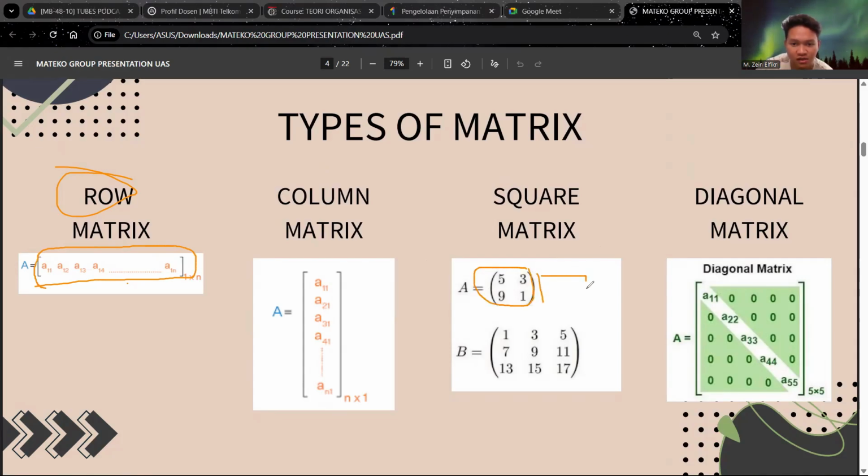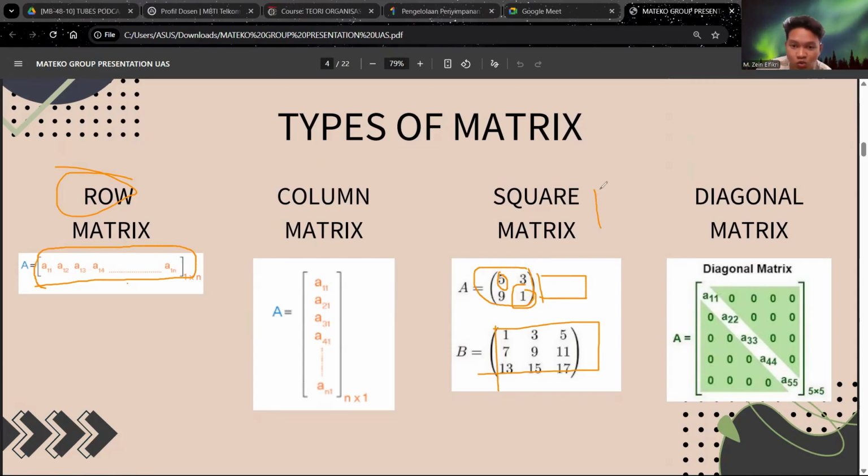We have 2 and 2 here, 5 and 1 here, and also like this square: 1, 3, 5, 7, 9, 7, and 30, 15, 15, and 17 here.